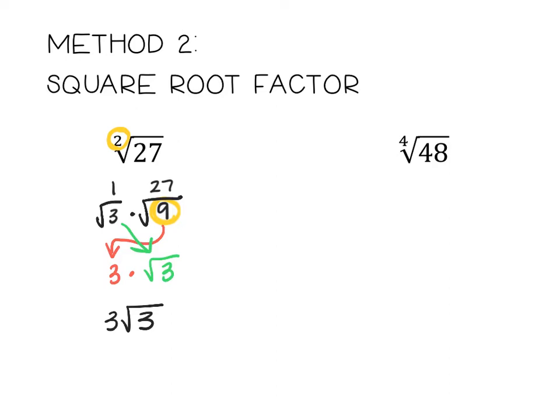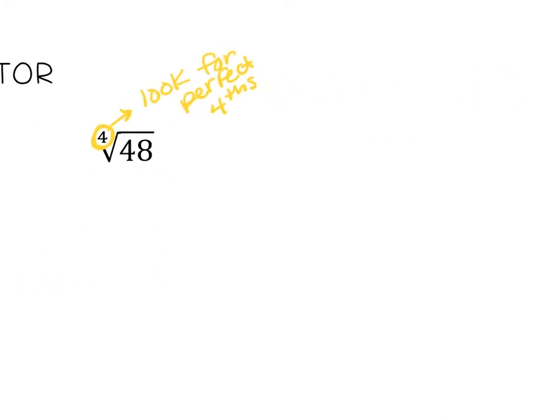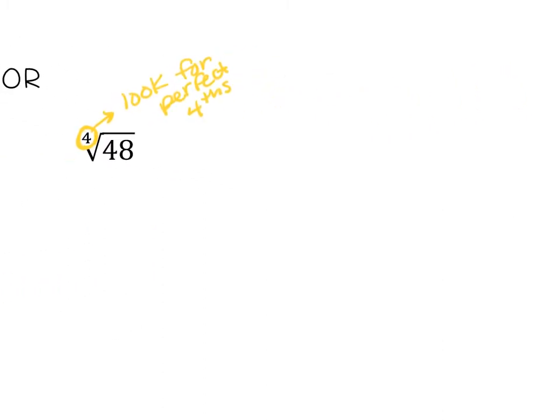Now looking at the fourth root of 48, that's an index of 4. So we're going to be looking for perfect fourths. And those are something we're probably less familiar with, so let's list out some of the perfect fourths.